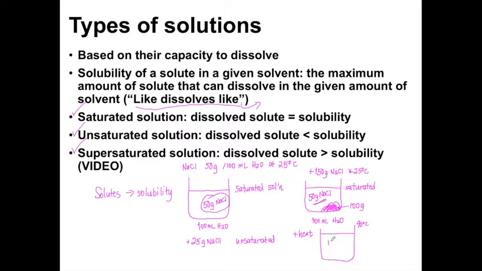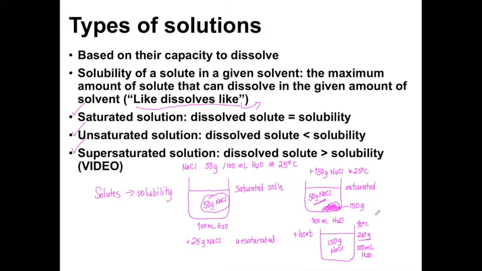All of the 150 grams of sodium chloride dissolved. Now this one is not a supersaturated solution, because for example, at 90 degrees the solubility of sodium chloride is 200 grams per 100 ml of water. So this is actually unsaturated, right?